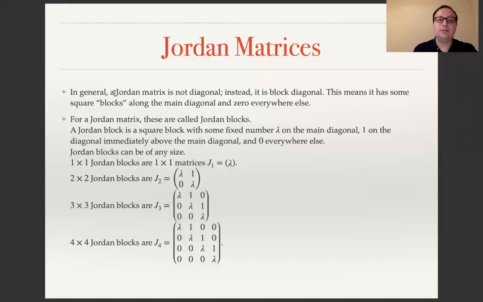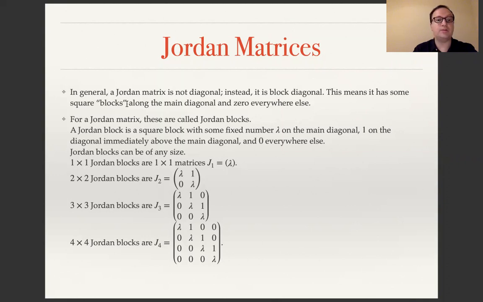So a Jordan matrix is somewhat more complicated than a diagonal matrix. A diagonal matrix just has eigenvalues on the main diagonal, which may or may not be zero, and is zero everywhere else. A Jordan matrix has some square blocks along the main diagonal and is zero everywhere else.